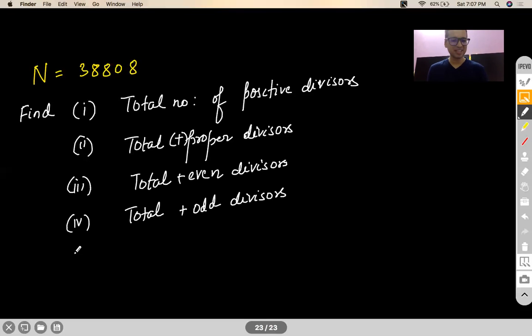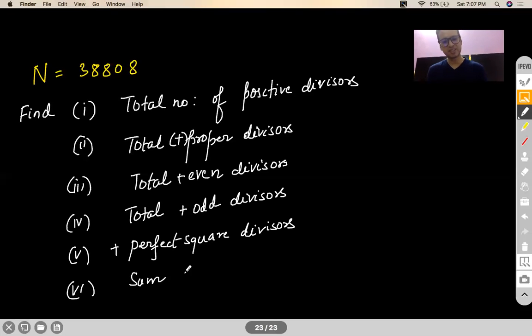How many perfect square divisors are there? Positive perfect square divisors. And finally, what is the sum of all divisors? So as you can see, I have framed 6 questions out of this simple concept.